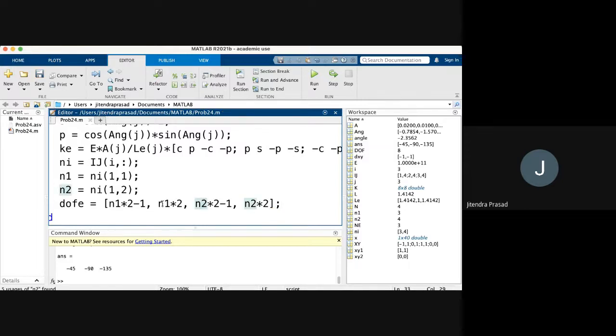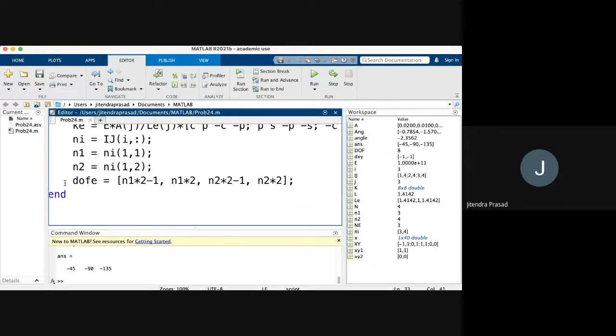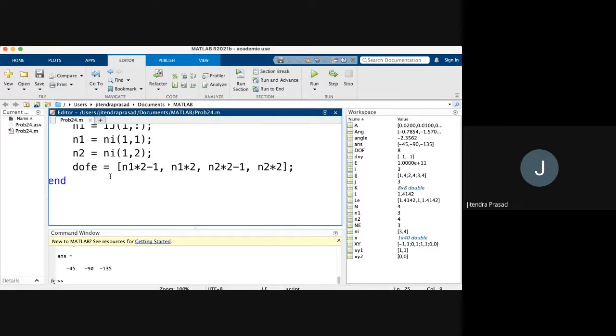Although I copied, the idea was to change from n1 to n2, so I did that. This gives you the corresponding degree of freedom for that element. Every time it goes through this loop, it will recalculate the degree of freedom. And once we have that, we can assemble it.